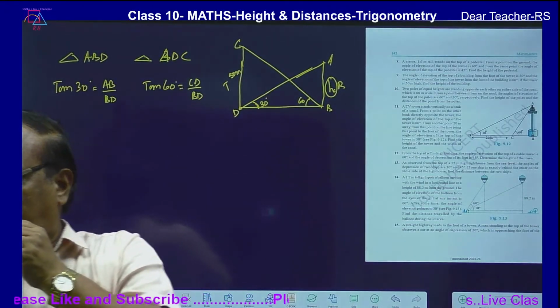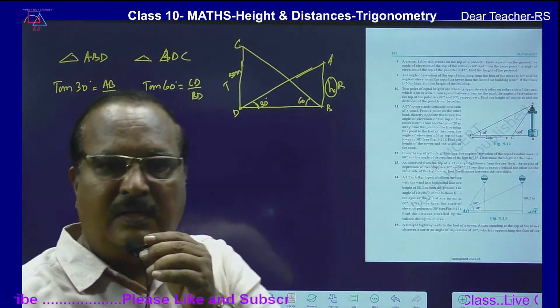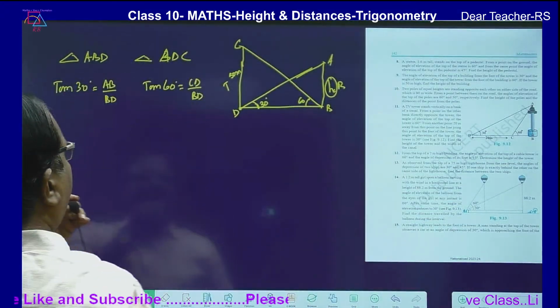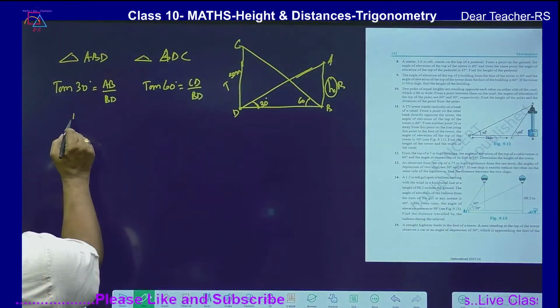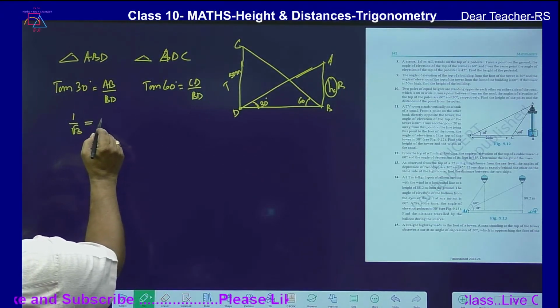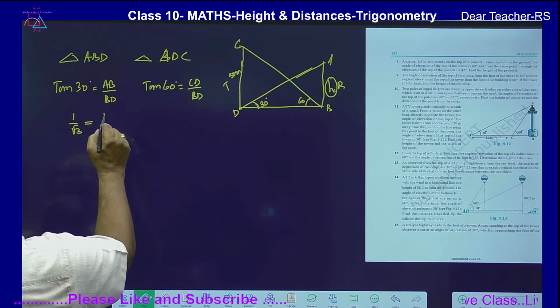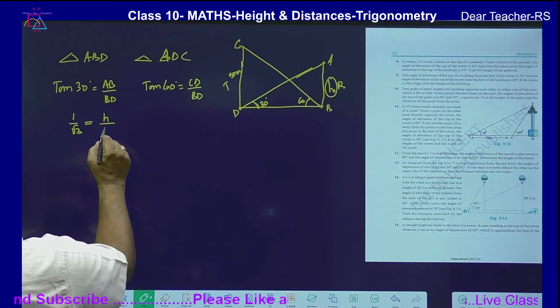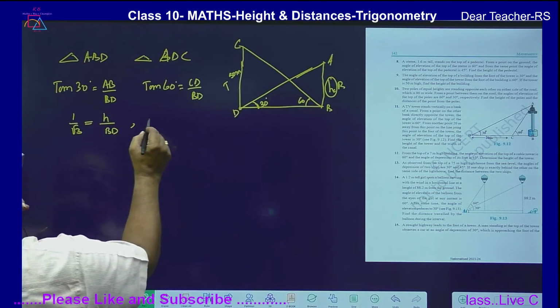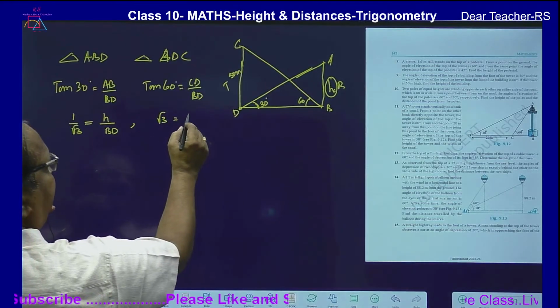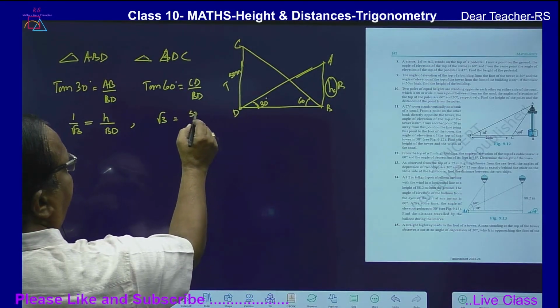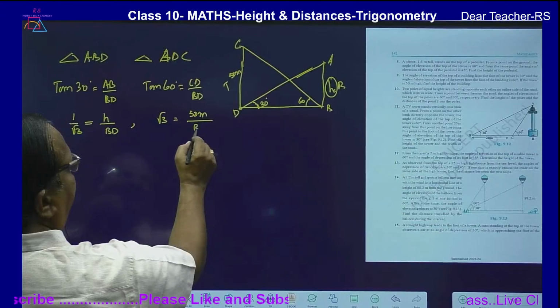Then tan 30 is 1 upon root 3. These values you should know by heart. AB is nothing but I will write H. BD I will write BD only. Tan 60 is root 3. CD is 50 meters, given by BD.